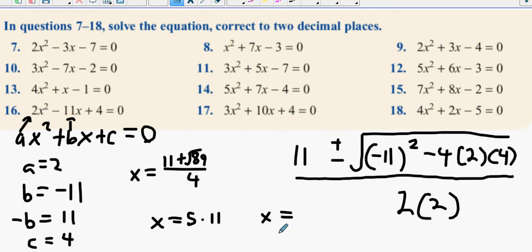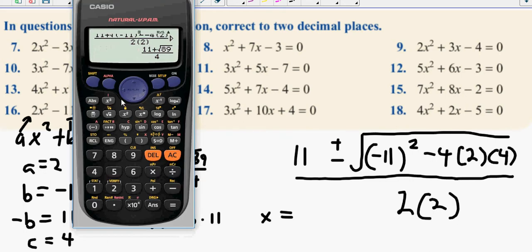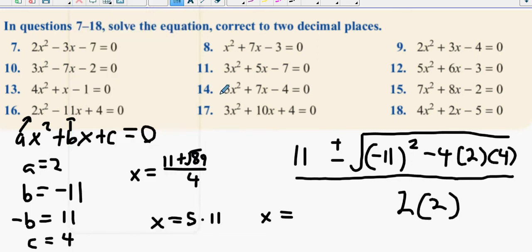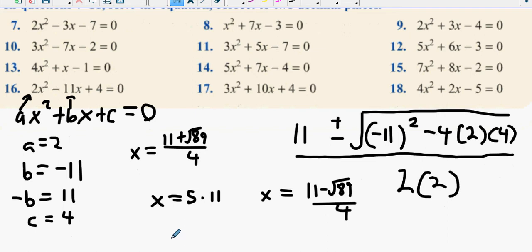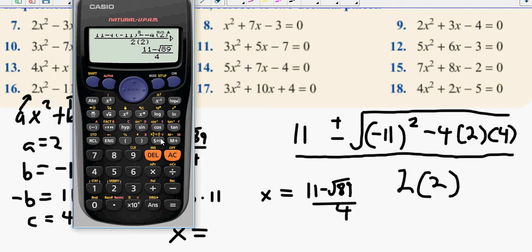Now on the other one, where we go minus, we're going to have 11 minus root 89 over 4. And then your x value is going to equal 0.39.